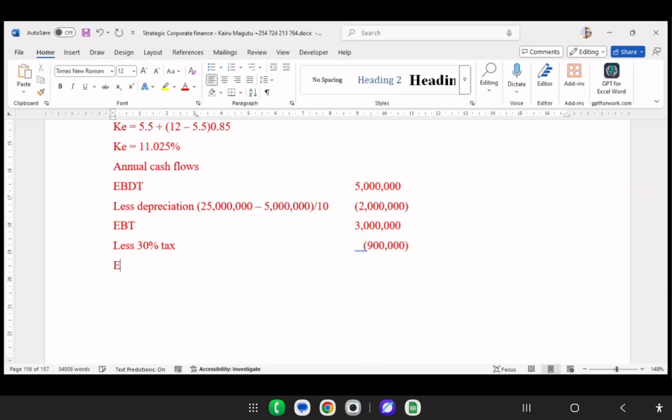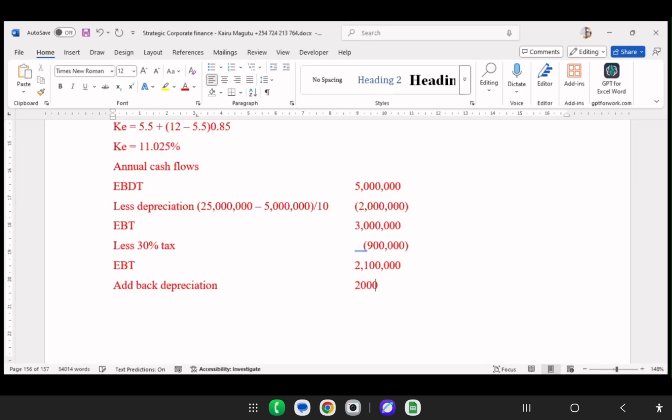Then that is earnings before taxation. This is 2.1 million after tax, and then add back depreciation. The depreciation is, how much was it?